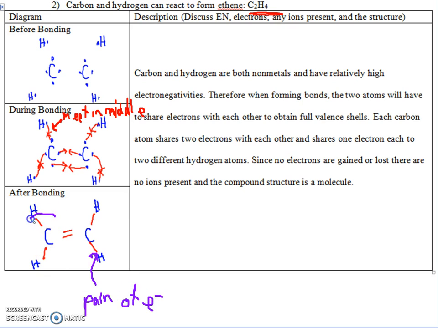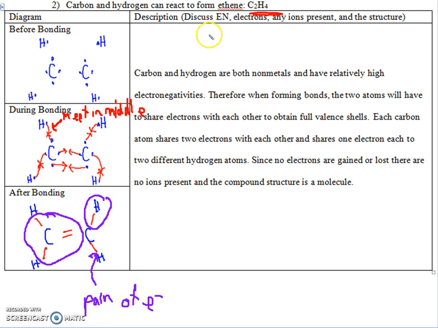So then surrounding carbon, just circling this to show it to you better, you have 2, 4, 6, 8, so it has an octet. Now notice each hydrogen only has 2. But hydrogen only has 1 shell, and how many electrons do you need to fill up 1 shell? 2. So this is still a full shell, it still obeys the octet rule.